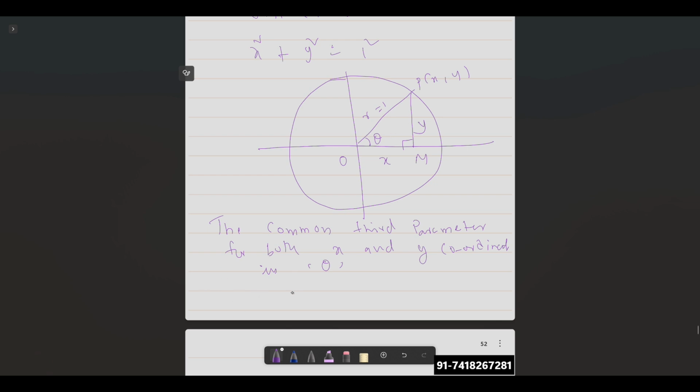So how do you express this? Here in the right angle triangle OPM, what is your cos theta? Adjacent side, x divided by 1. And what about y? Sine theta.